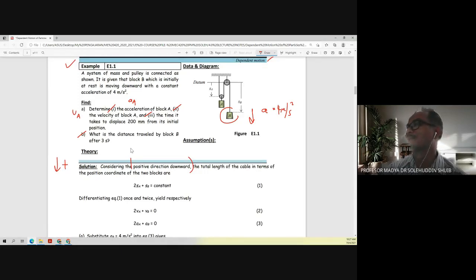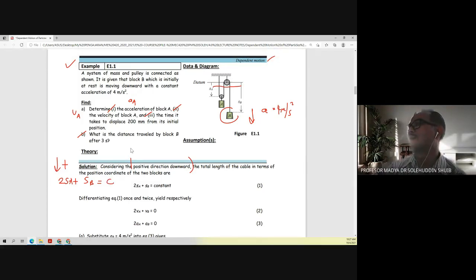So the total length of the cable in terms of position coordinate of the two blocks. We cut the string. So we have 2SA plus SB equal to constant.